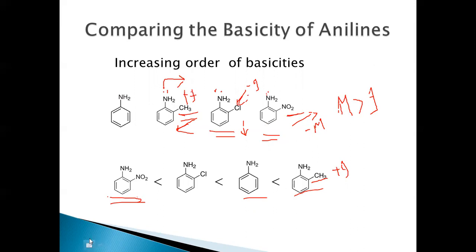On the whole, if there is a plus I or plus M group, it will increase the basicity, because they will increase the electron density on the nitrogen, which in turn will increase its basicity.